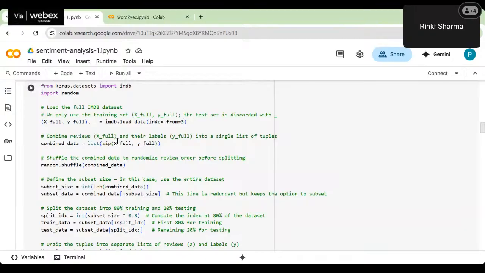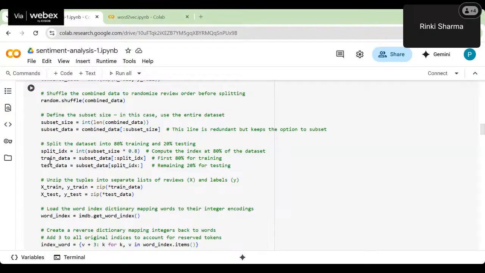Now we will define our word index. Here we start our word index with 3, as 0, 1 and 2 are already reserved for padding, start and unknown. In the last code we started our indexing from 0, but here we have started from 3.